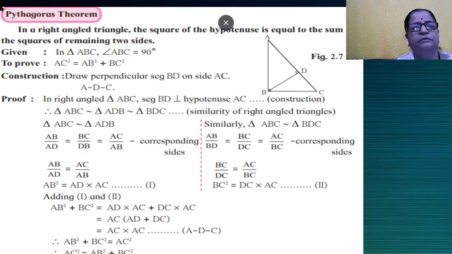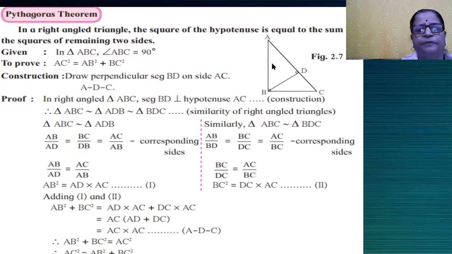This is an important one, as it may be asked in the examination as a theorem, so we have to study it carefully. In a right angle triangle, the square of the hypotenuse is equal to the sum of the squares of the remaining two sides. Here triangle ABC is given and angle ABC is 90 degrees.